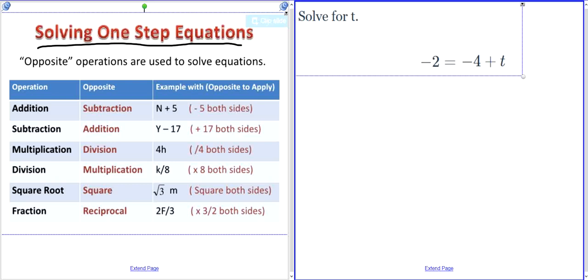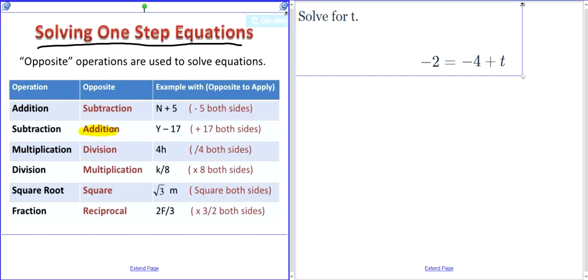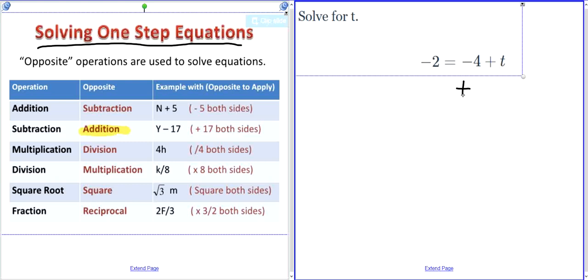If we have subtraction, what we want to do is the opposite operation, which is addition. Highlight that. So we've got negative 4 plus t. That's like adding a negative to that. So we're going to add 4 on both sides.